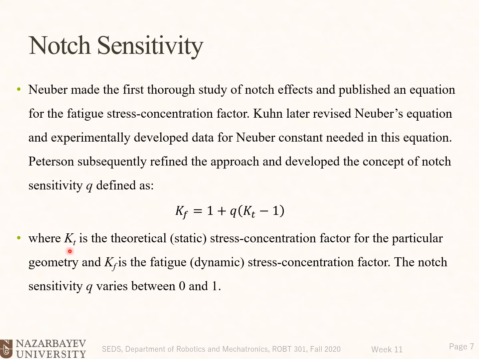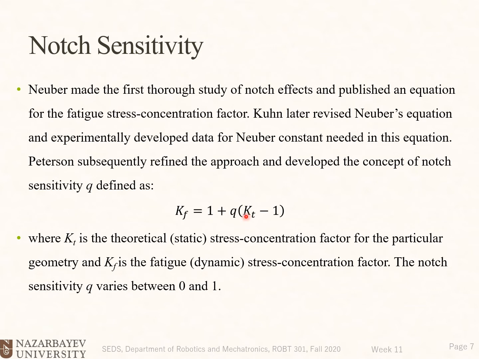So in this equation, KT is the theoretical or static stress concentration factor for the particular geometry, and KF is the fatigue dynamic stress concentration factor. The notch sensitivity Q varies between 0 and 1. Okay, so when Q is 0, KF is 1, and once Q is 1, KF is equal to KT.